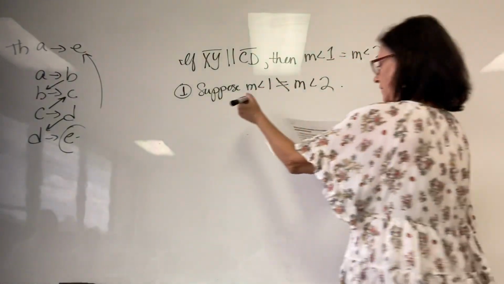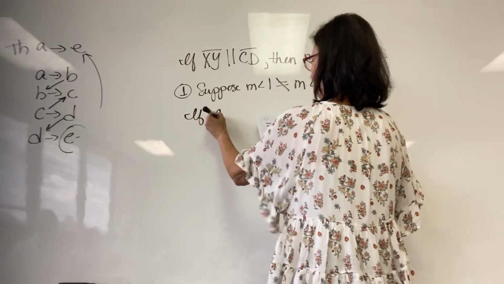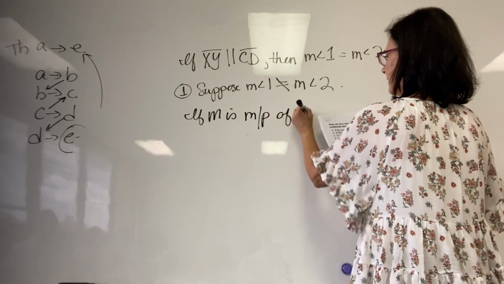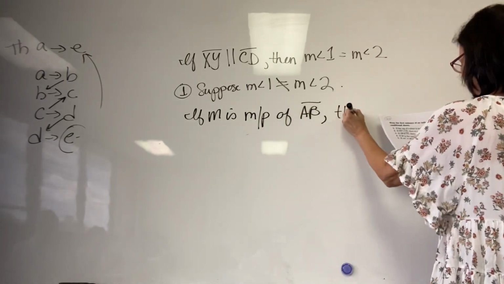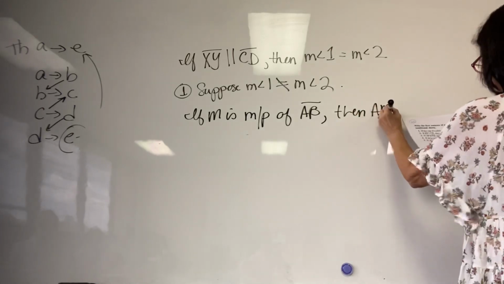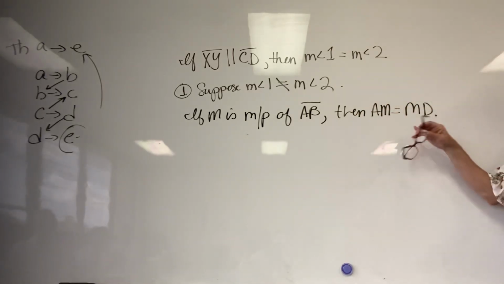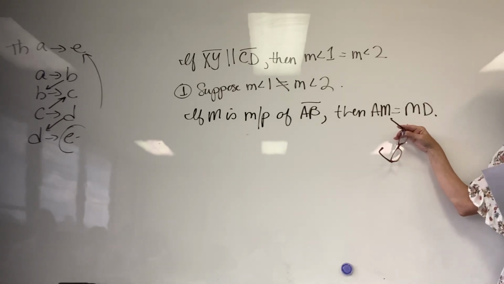All right. What about this one? If M is the midpoint of segment AB, then AM equals MB. If this is the statement, then what is my first premise?